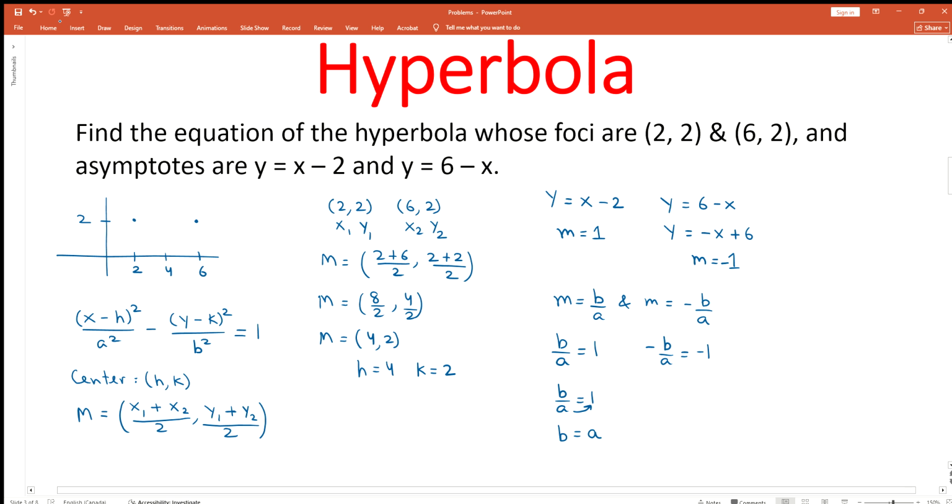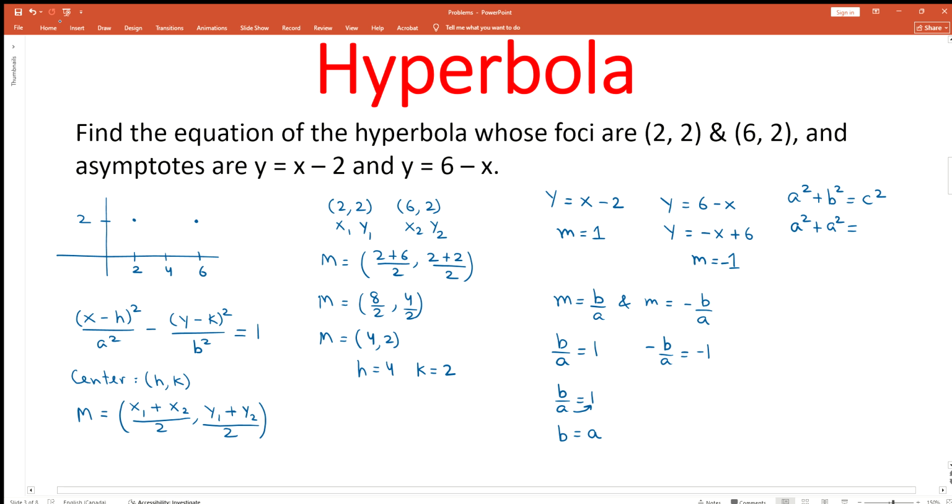Next, we can use the equation a squared plus b squared equals c squared. To find the values of a squared and b squared, we can replace b with a. I get a squared plus a squared. We can find the value of c from the diagram I drew on the board.